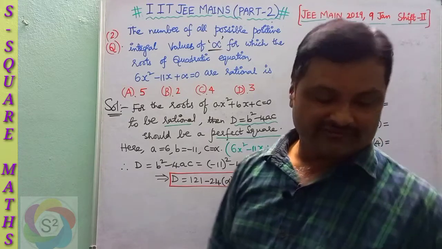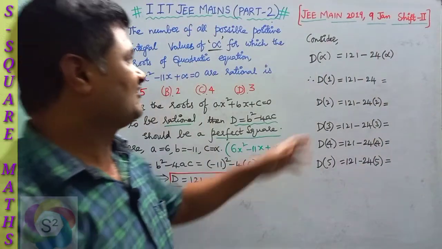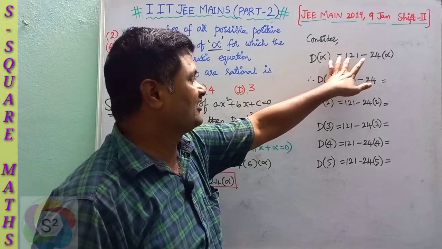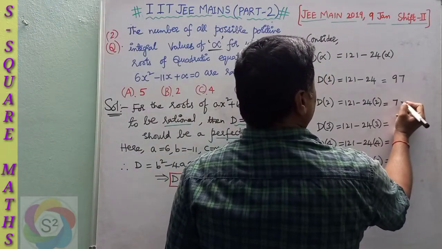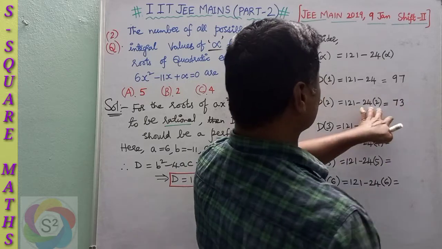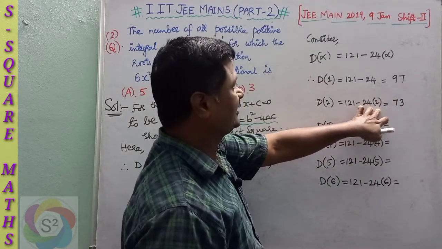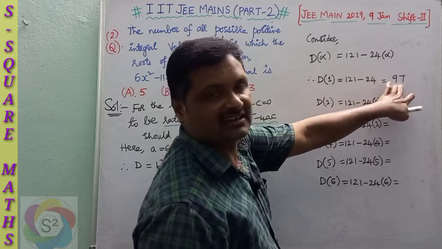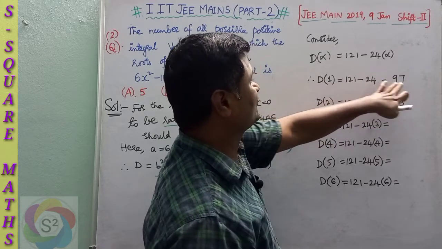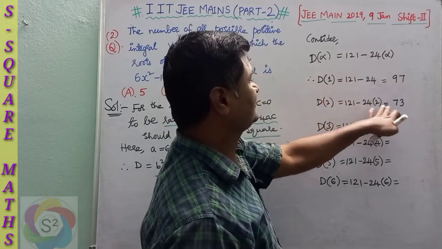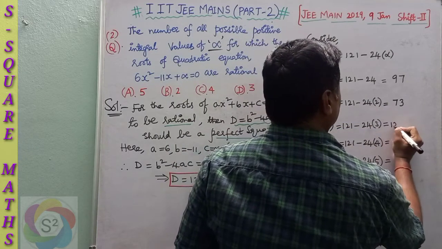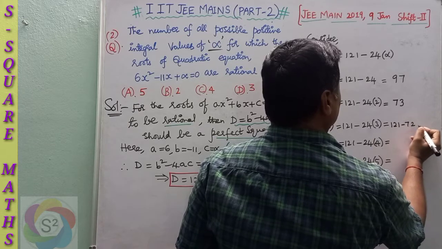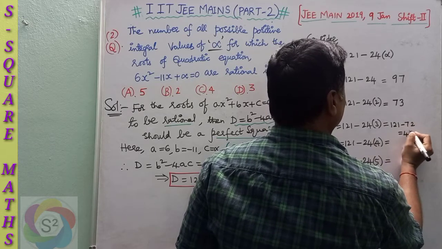So with the help of our D of alpha, 121 minus 24 is 97, and 121 minus 48 is 73 you are going to get. Next 121 minus 72, nothing but 49 you are going to get.